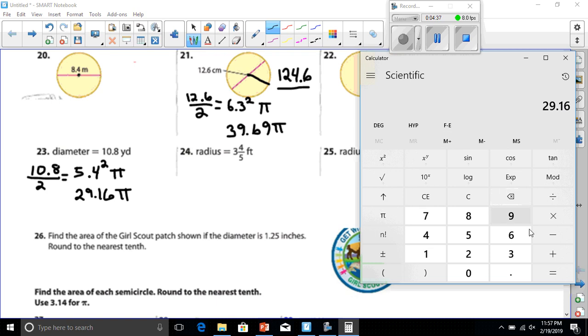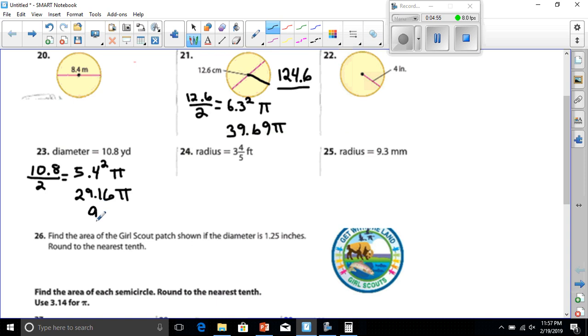Well, now we can just multiply this by 3.14. And that gives us 91.56. Remember, it said round to the nearest tenth. 6 is bigger than 5, so we're going to round that 5 up to 6. So my answer is going to be 91.6 square yards.